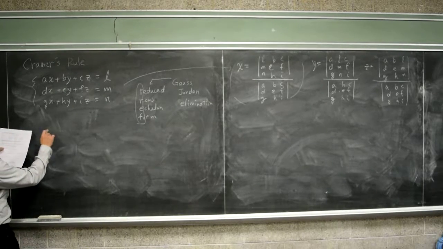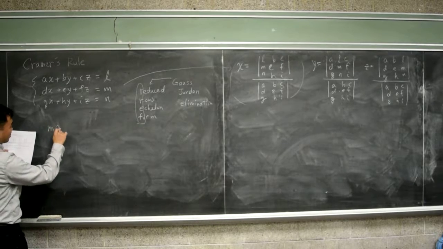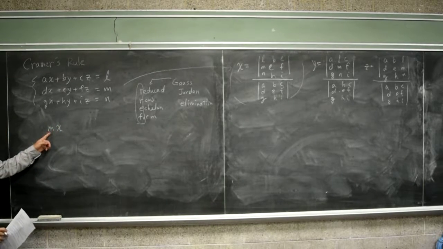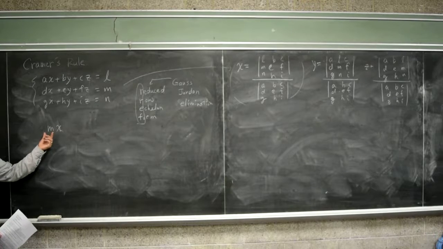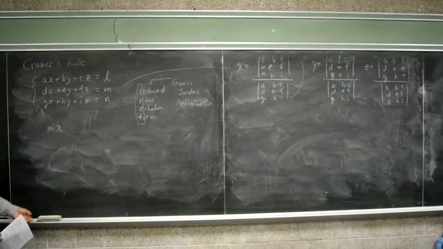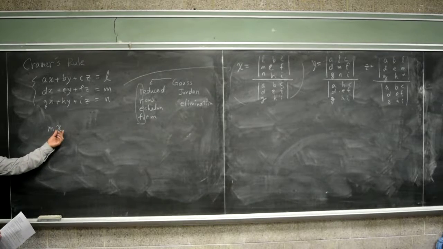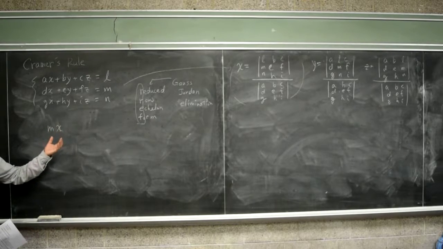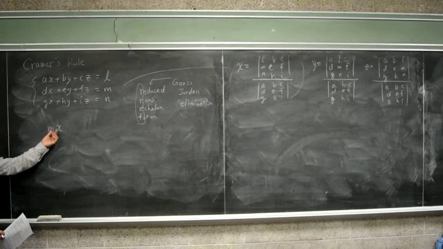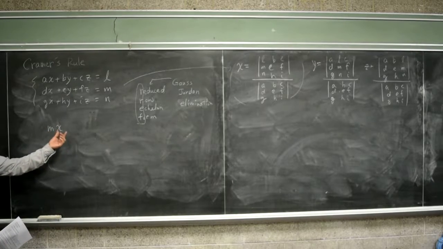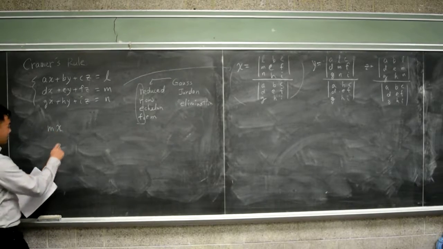In some cases when you're solving statics questions, capital M or small m is the mass of some object, and mass times some acceleration is the force. So you end up with equations for them.